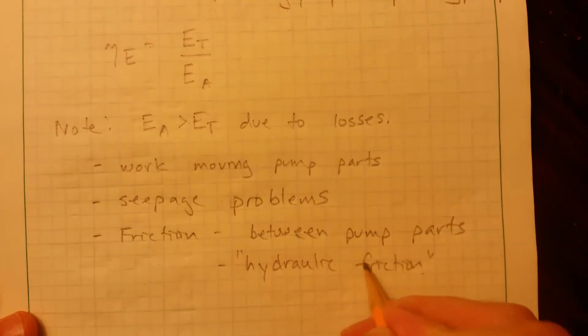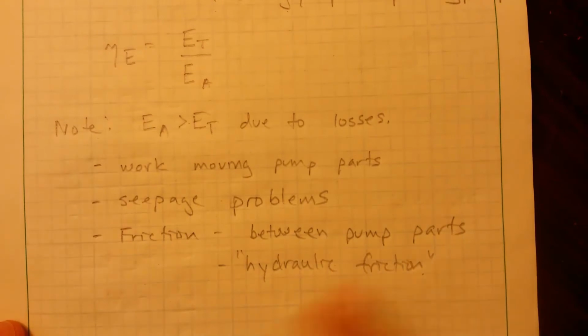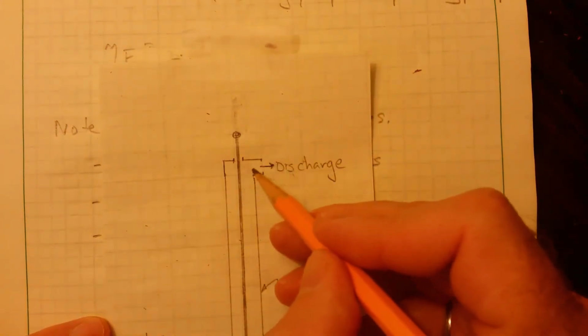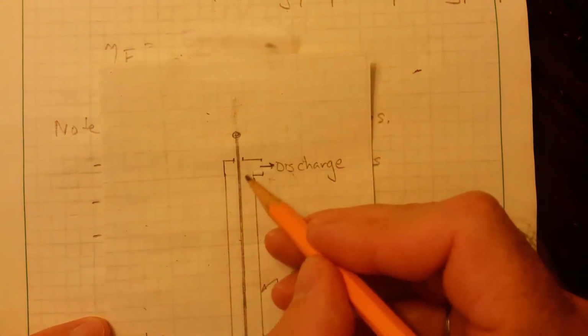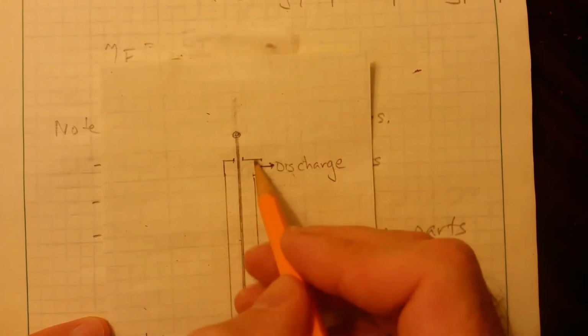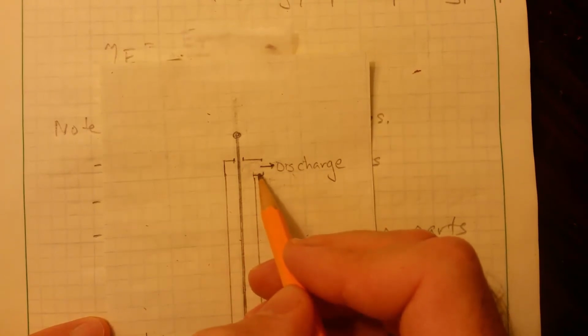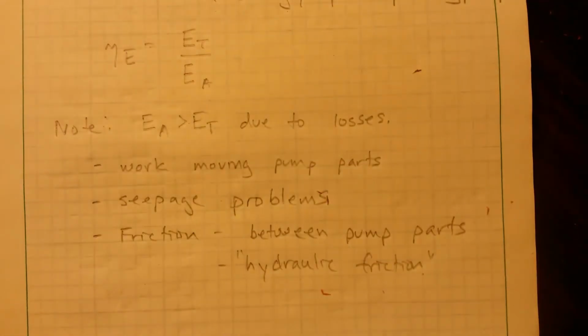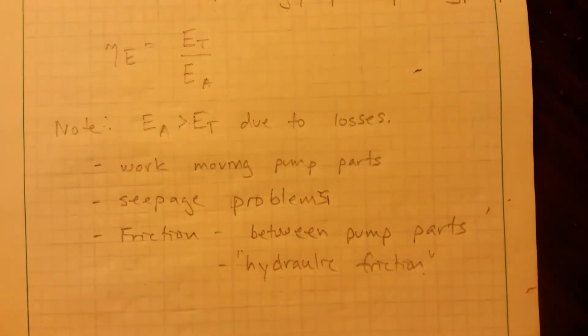Hydraulic friction occurs when the fluid flows next to a surface like the wall of the pump. Also when the fluid has to turn corners, like at the top of the piston, there are frictional losses in the fluid just associated with it having to change its velocity, and it rubs against the walls. And there's additional friction when the tube diameter changes from being a large tube here to being a smaller discharge. So all those places are associated with energy losses.